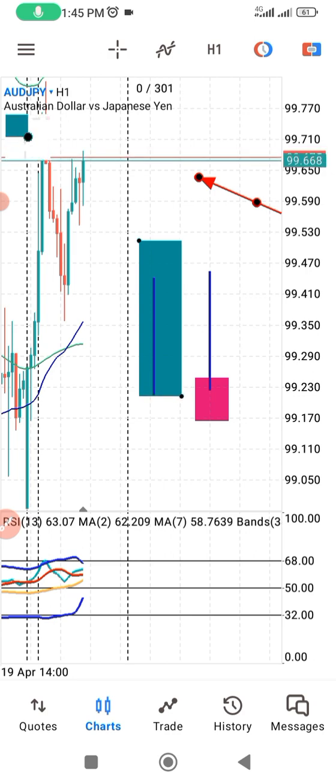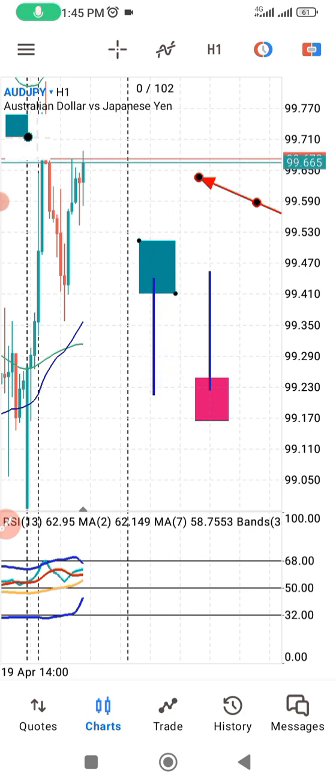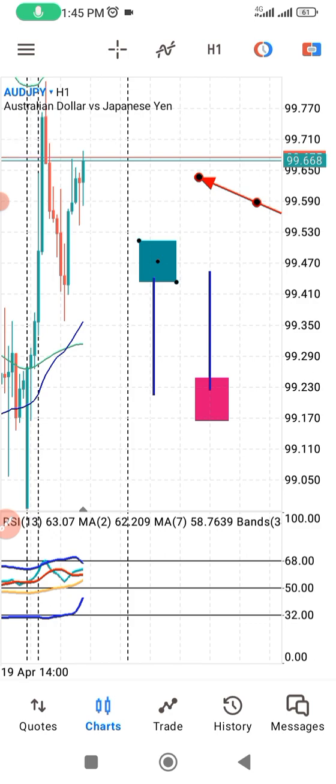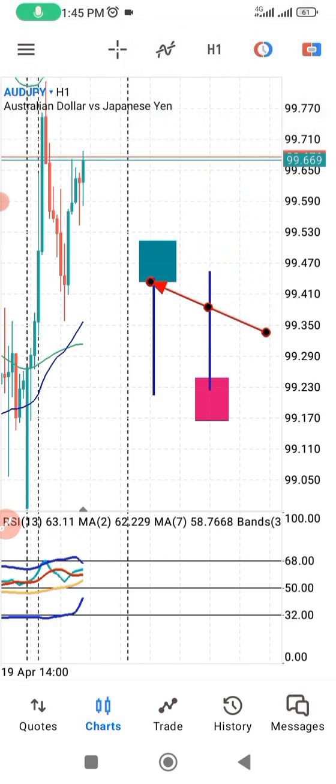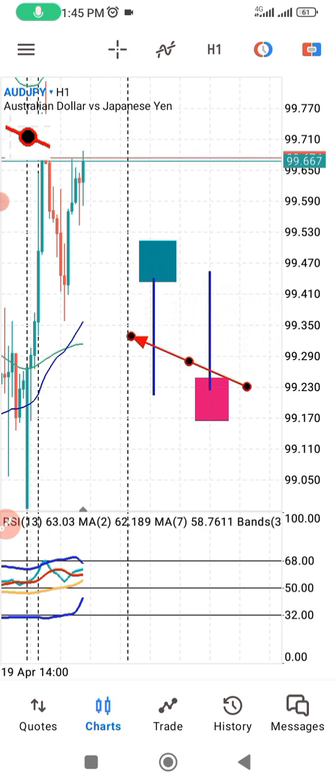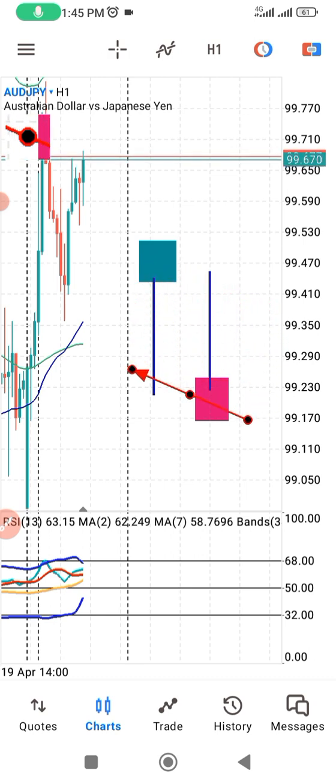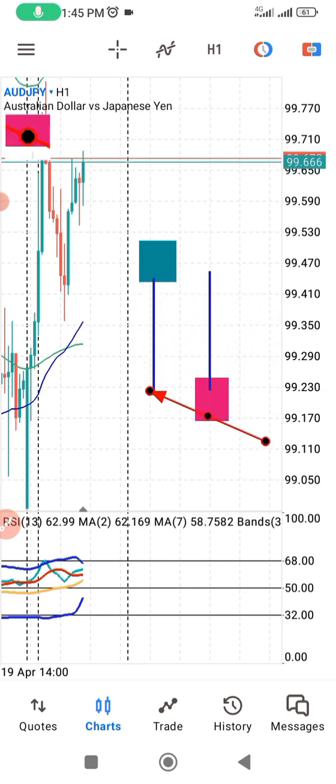Then suddenly buyers came in and began to push the price until the price closed in this way, which gives us a pin bar trading method and execution. So this is how a bullish pin bar looks.